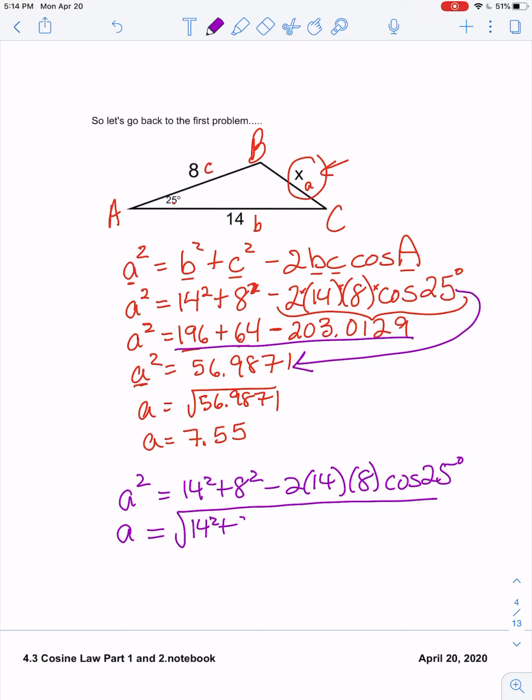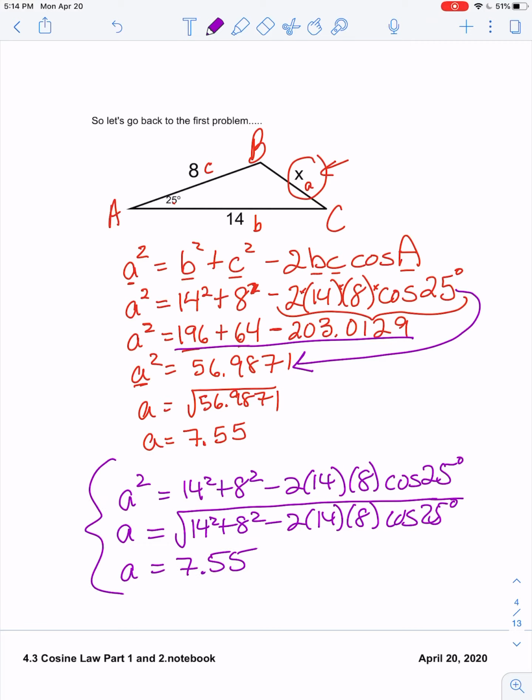So do all that calculation in there and take the square root of it, and so A equals 7.55. If you want to write it down that way, that's fine with me. I don't need to see all of those calculations in between, okay?